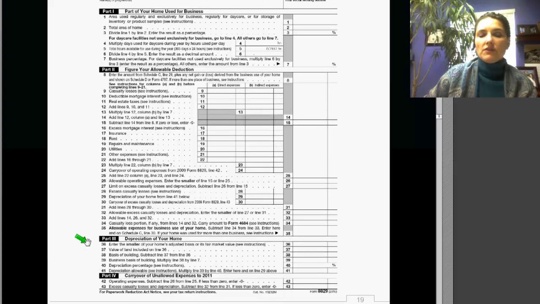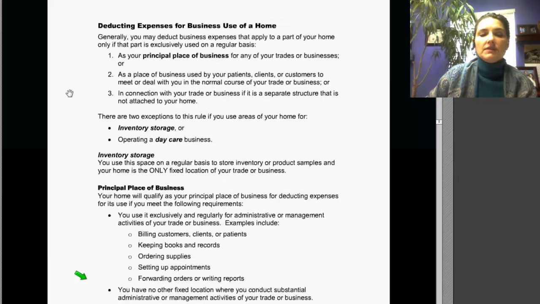In Part 3, we figure depreciation on the home. And in Part 4, we enter any disallowed expense from the prior year that resulted in a carryover to 2011. So we're going to take business use of home section by section, part by part, and learn how to fill this particular form out.